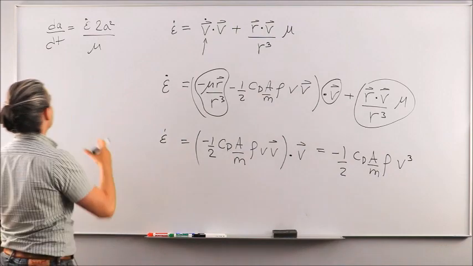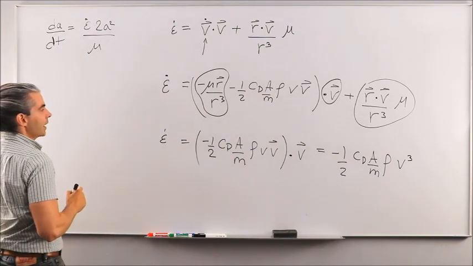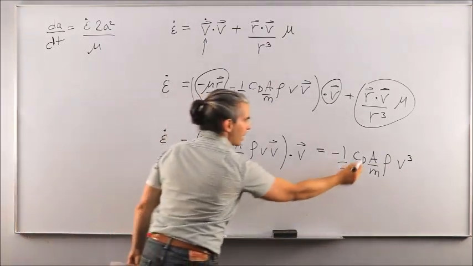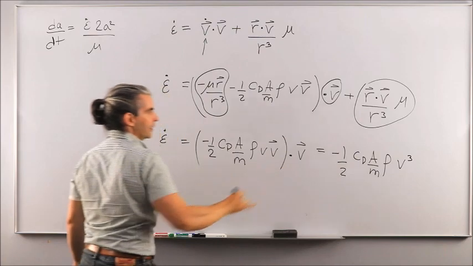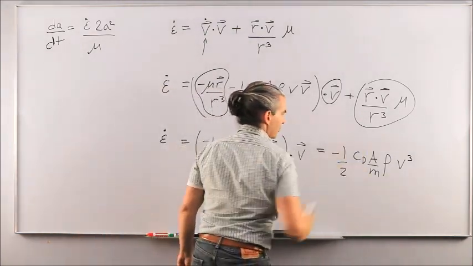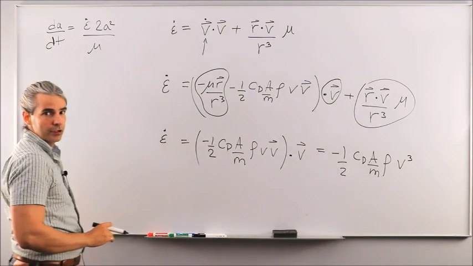What I was really looking for is the rate of change in semi-major axis due to drag. And now we have the rate of change in orbital energy due to drag, right? This is all coming from drag. If there was no drag being experienced on the spacecraft, all this term would go to 0, and the rate of change in semi-major axis would go to 0 too.